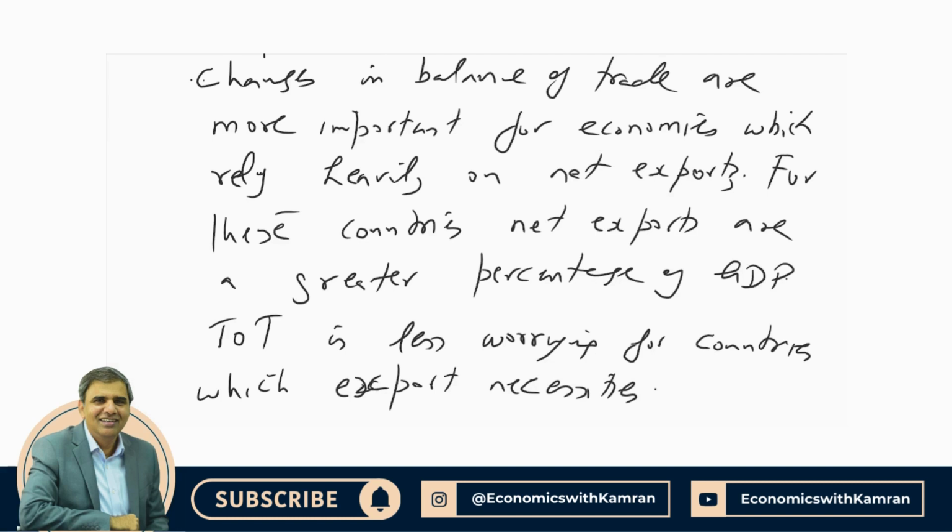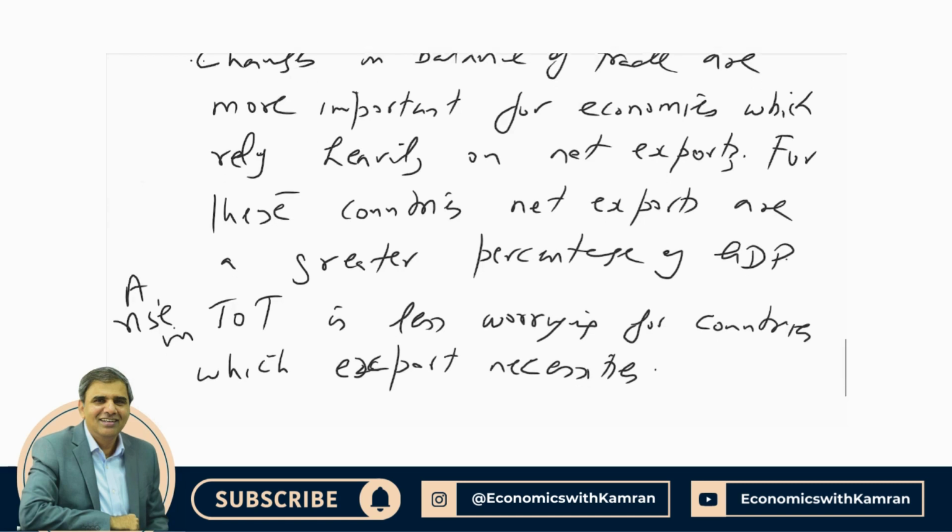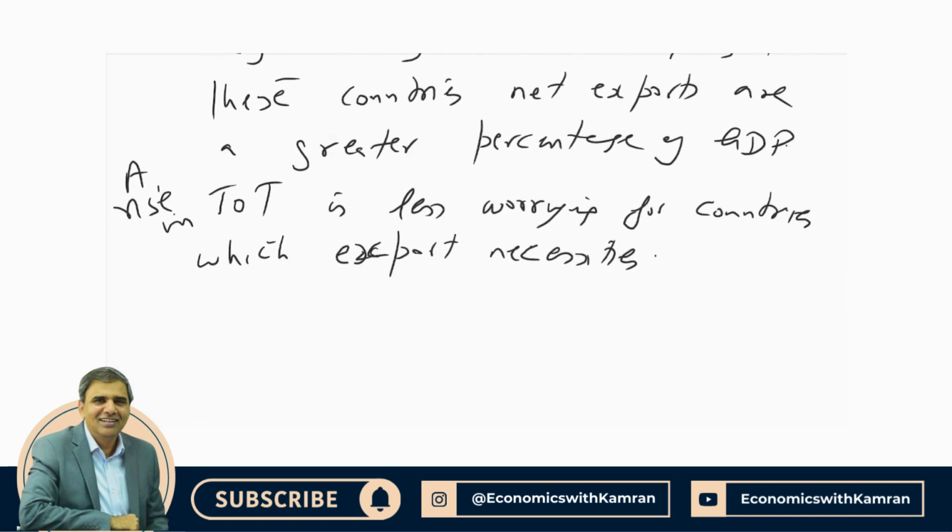We may write: a rise in TOT is less worrying for countries which export necessities. For example, Saudi exporting oil. Even if oil becomes expensive, the demand for oil will still be there, or there won't be any significant decrease in the demand for oil. So more revenue can be earned. So it will be less worrying for them. So we can get 1 mark for either of the 2 paragraphs we have written here, and the last mark will be for the conclusion.